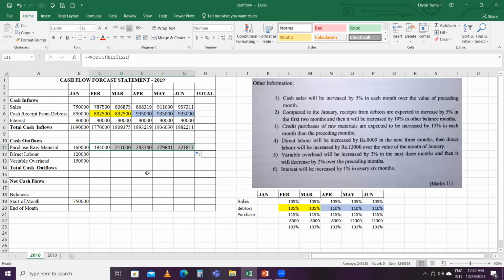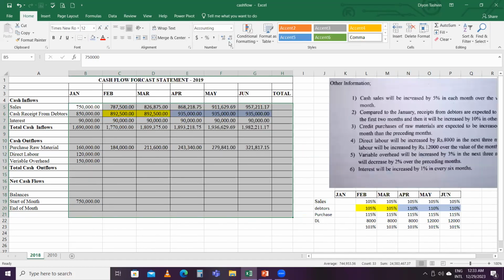Then direct labor. Direct labor will increase by 8,000 in the next 3 months. So it will increase by 8,000. Now I'm going to use the 1,000 separator so I can easily identify the numbers format.